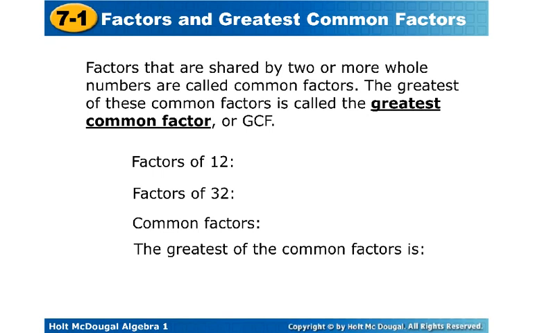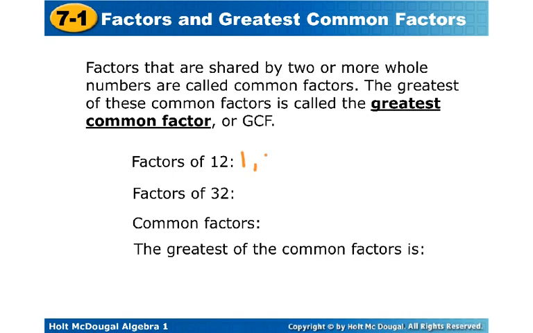So we're going to start out with two numbers, 12 and 32, and we're just going to list our factors of these numbers. So remember, factors are the two numbers that you multiply together. We did the factorization of 12 earlier, so just the factors of 12. You have 1 and 12.